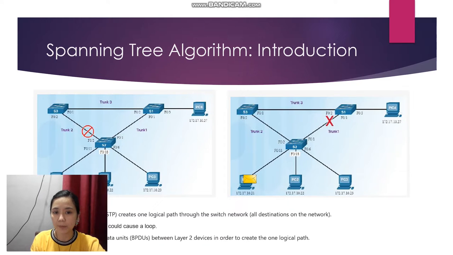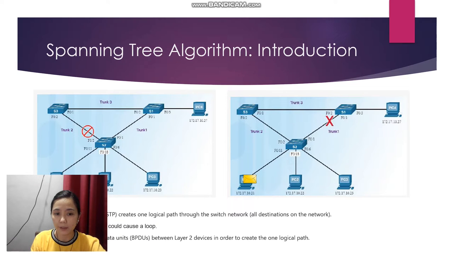Spanning Tree Protocol creates one logical path through the switch network to all destinations on the network. It blocks the redundant paths that could cause a loop. The STP sends bridge protocol data units, or BPDUs, between layer 2 devices in order to create the logical path.